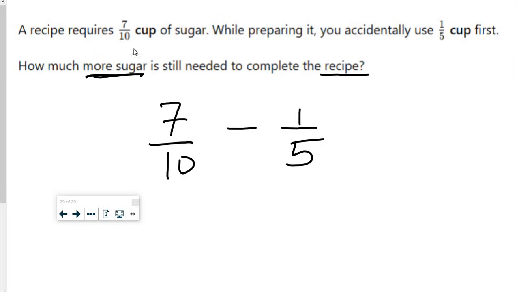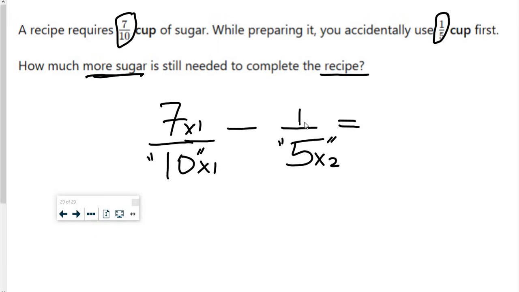How much more sugar? So you need to subtract this minus this. Remember what I said, for subtracting and addition, we need to find the LCM of 10 and 5. LCM of 10 and 5 is 10, so do into 1 here, into 2 here, into 2 here, so that we can have same denominators.